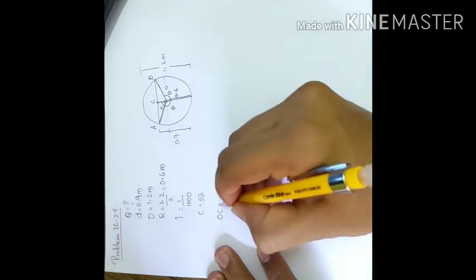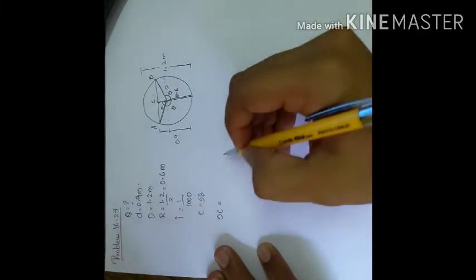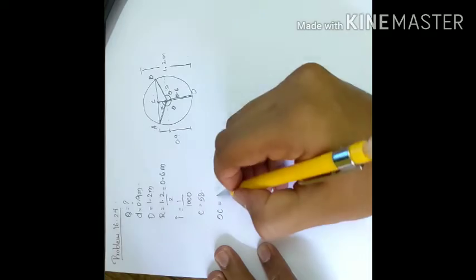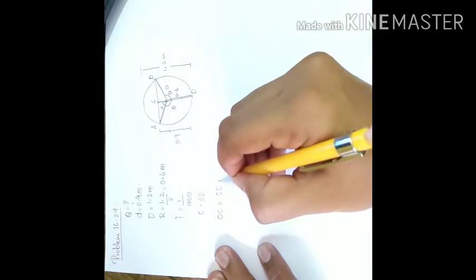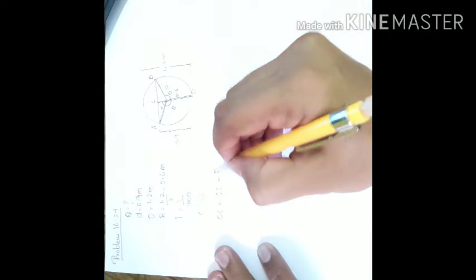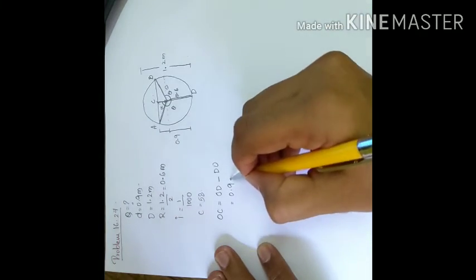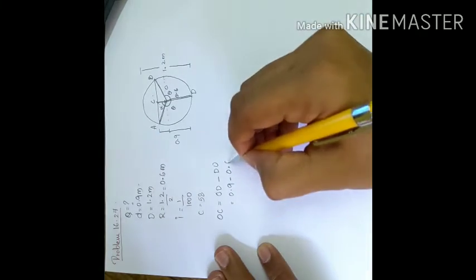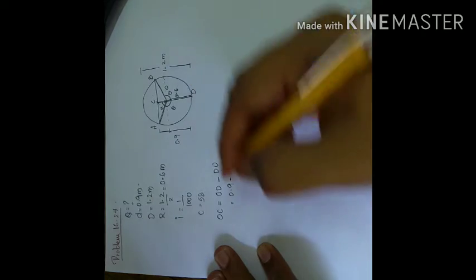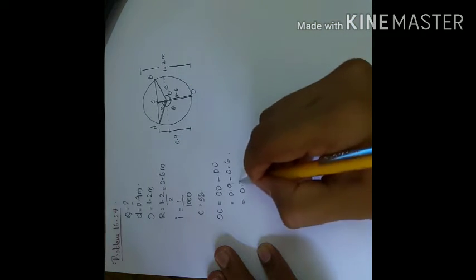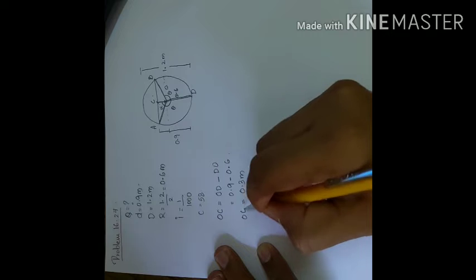OC is equal to OD minus DO. OD is 0.9 minus DO is 0.6 because it is the radius. So therefore it becomes 0.3 meters.